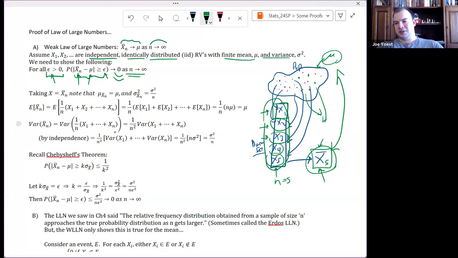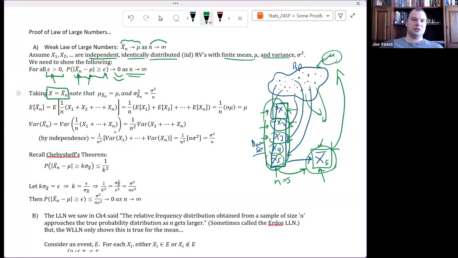That randomness passes through to the sample mean, which is computed based on those sample data points. So our sample mean is also a random variable. So we're going to consider x bar n to be our random variable, our sample mean for a sample of size n.